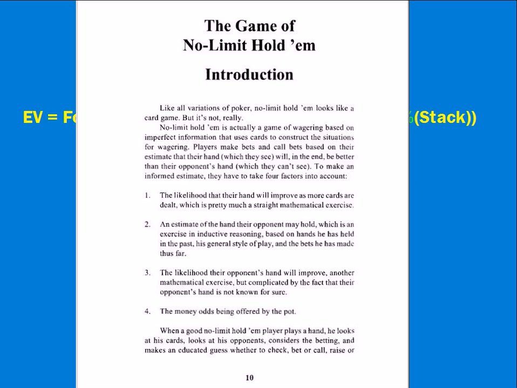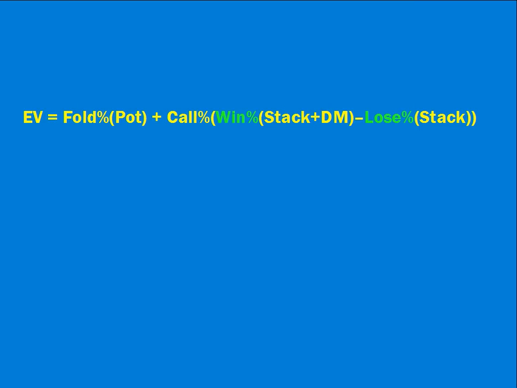So anyway, back to sit and goes, right? This EV of a shove equation, right? Does it have to be 2 cards that determine the win and loss percentage? No, it could be 3, it could be 4, it could be 17. It doesn't even have to be cards. You could play a sit and go with dice, right?